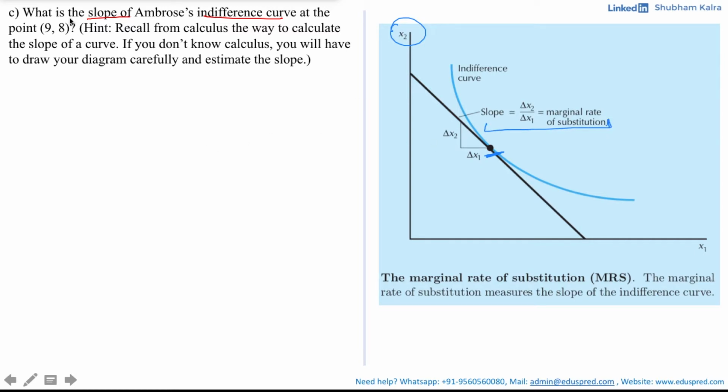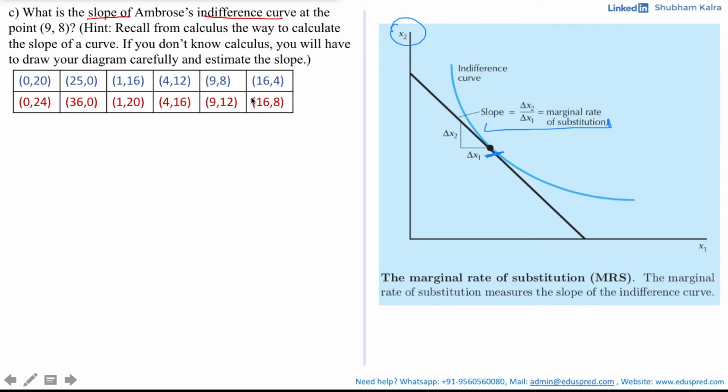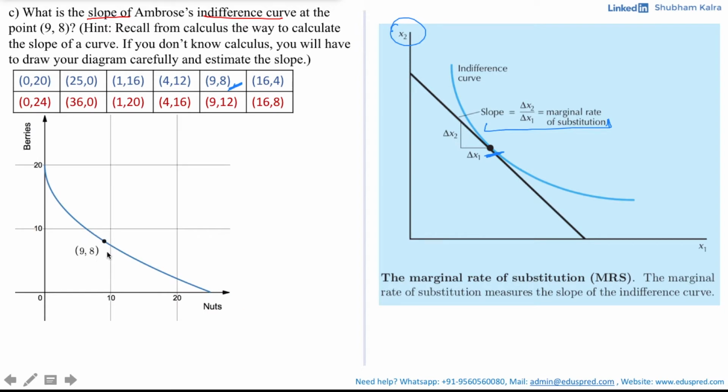Now the question is asking us to find the slope of Ambrose's indifference curve at the point 9, 8. Recalling from part A, we drew this table where we calculated all these points, and using these points we drew two indifference curves. The blue points correspond to the blue indifference curve and the red points correspond to the red indifference curve. Now the point 9, 8 lies here, which means it lies on your blue indifference curve, and this is your point 9, 8.